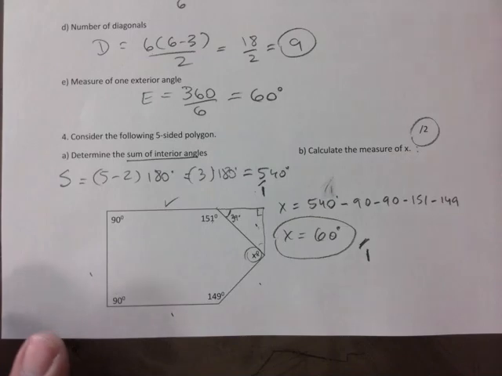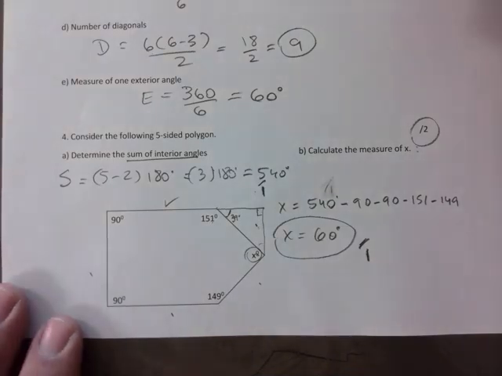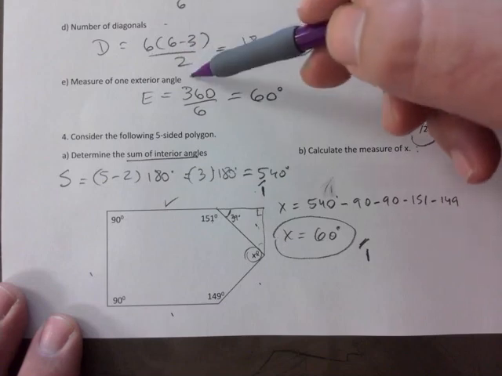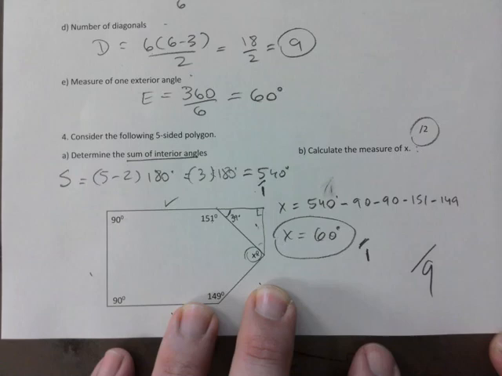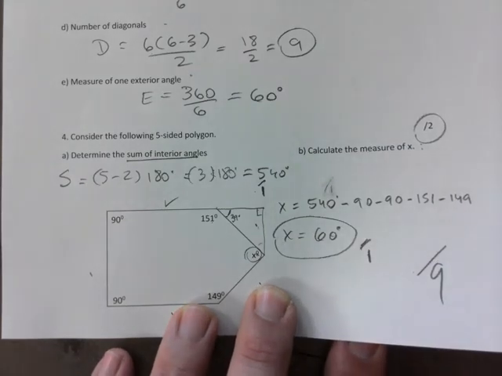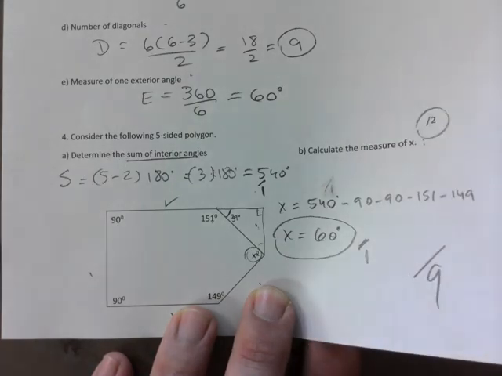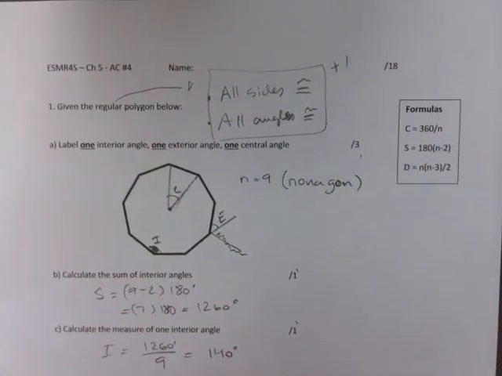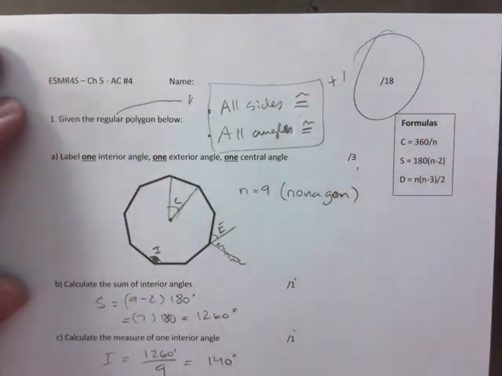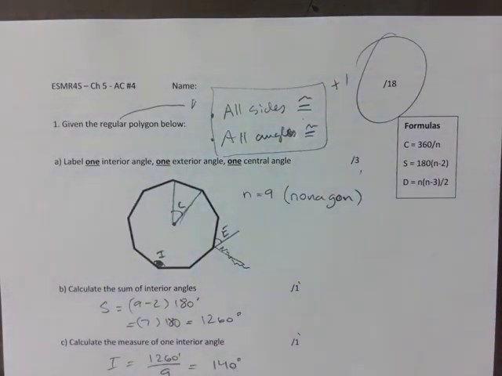So the back side is 2, 3, 4, 5, 6, 7, 8, 9 as well. 9 is, yeah, back side is 9, yeah. 9 and 9 is 18. Put a mark out of 18 at the top and your first and last name.